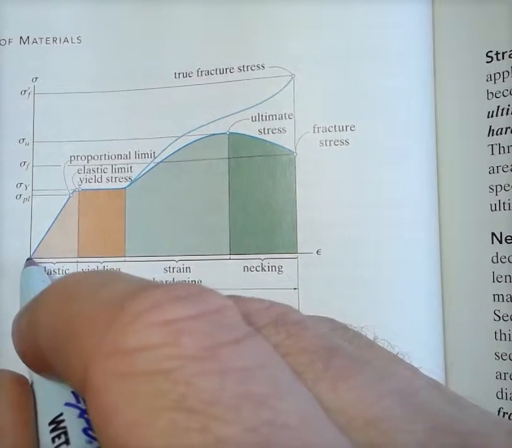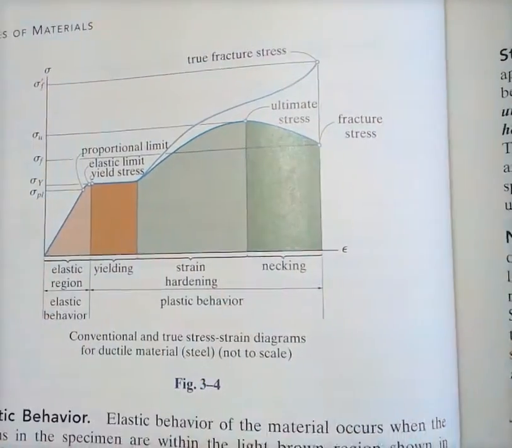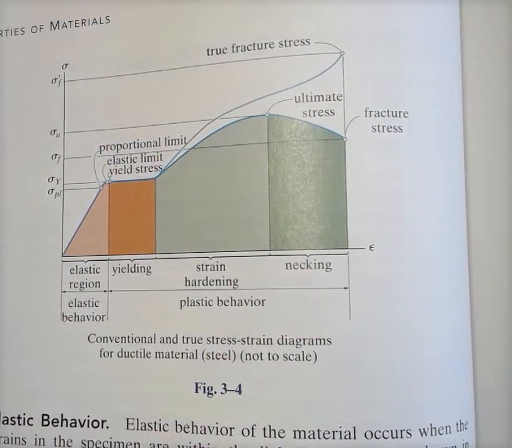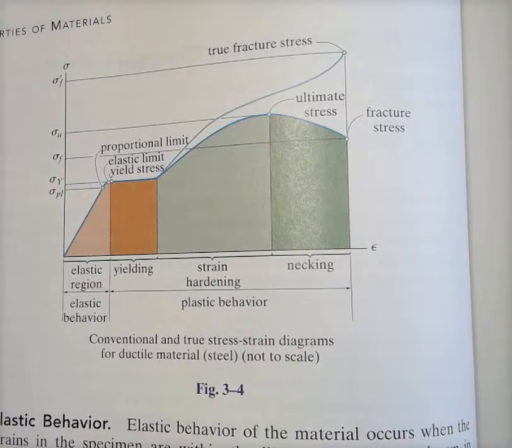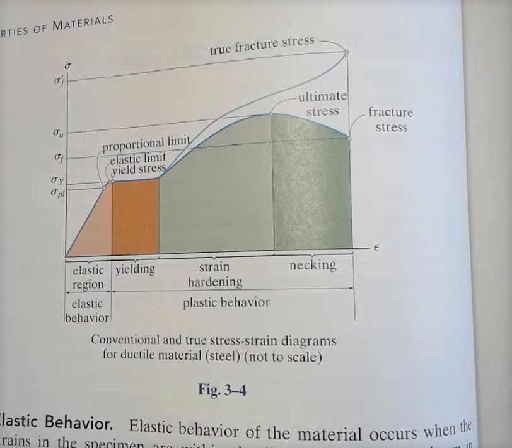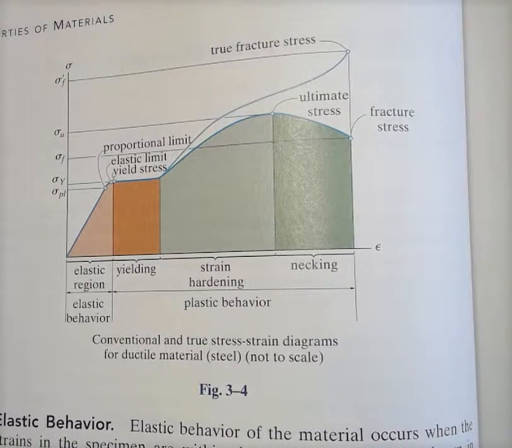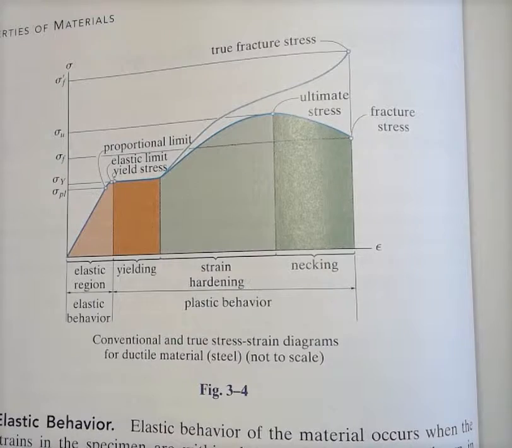We call this region the elastic region. Now, in the elastic region, when you apply a force to an object, it gets longer. When you take the force off, it rebounds to its original length. So it's elastic.